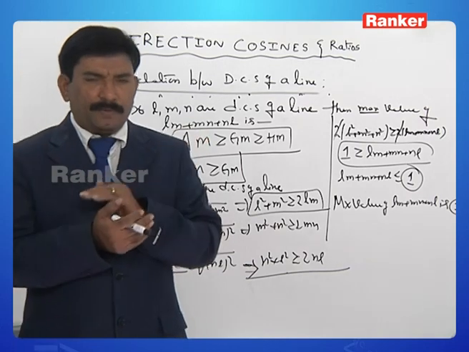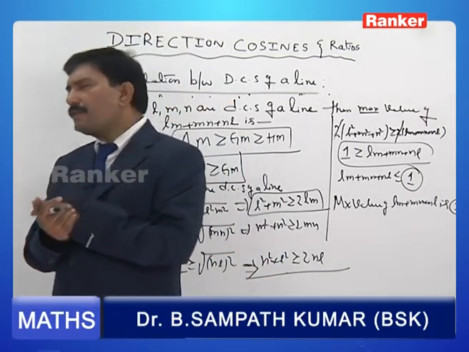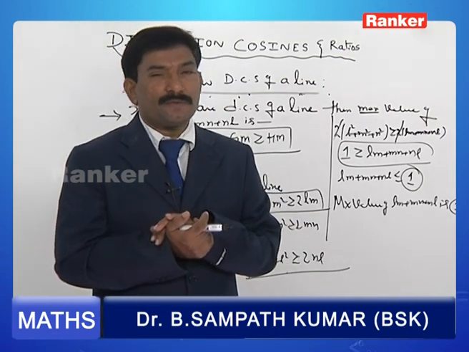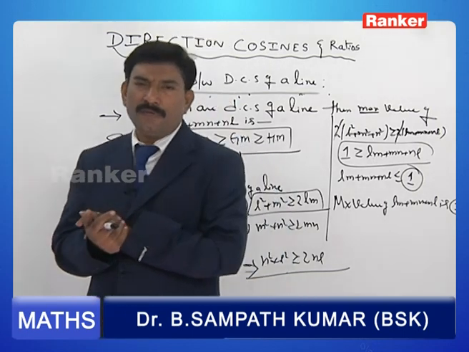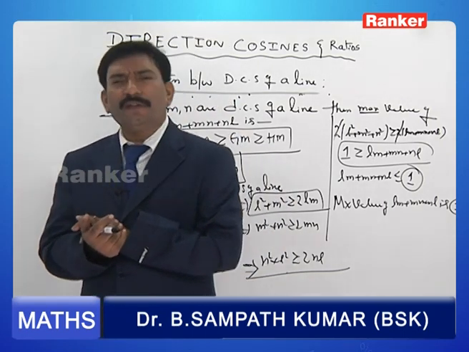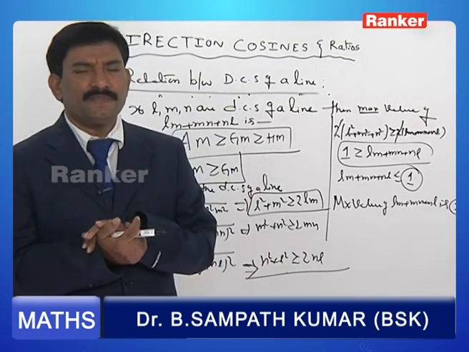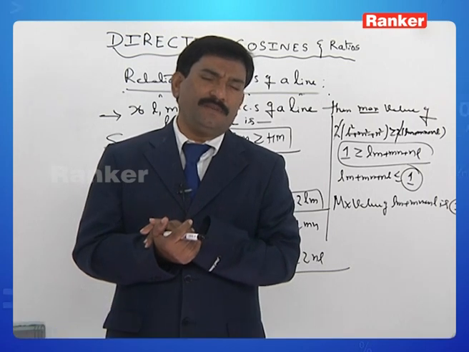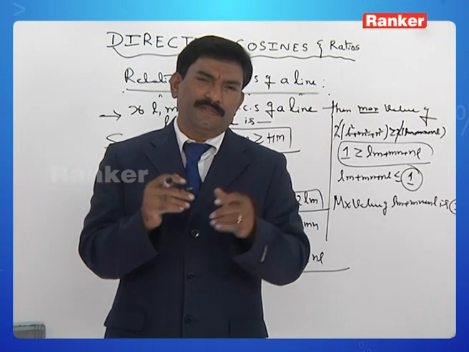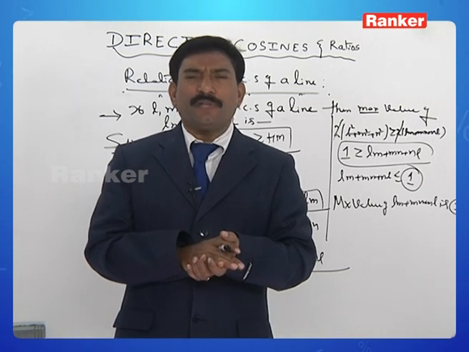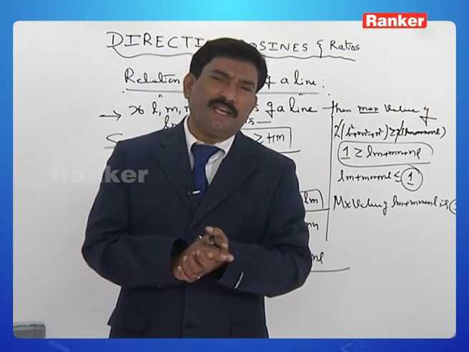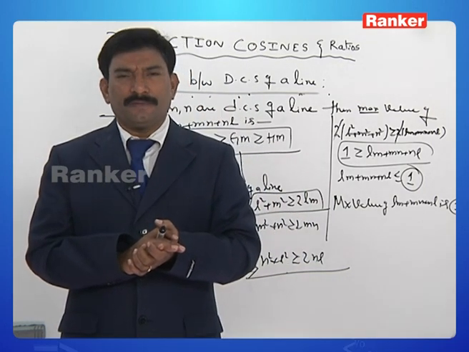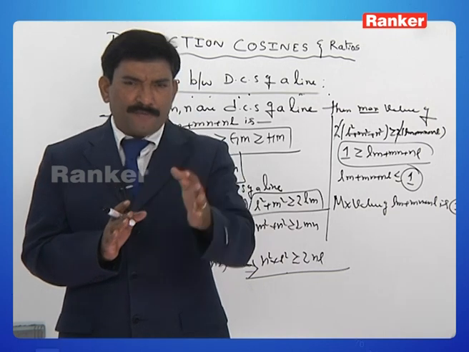Sir, in particular, what is the difference between direction ratios and direction cosines? Any 3 real numbers, say for example A, B, C. If you want to define them as direction ratios of a line, they must be proportional to what?